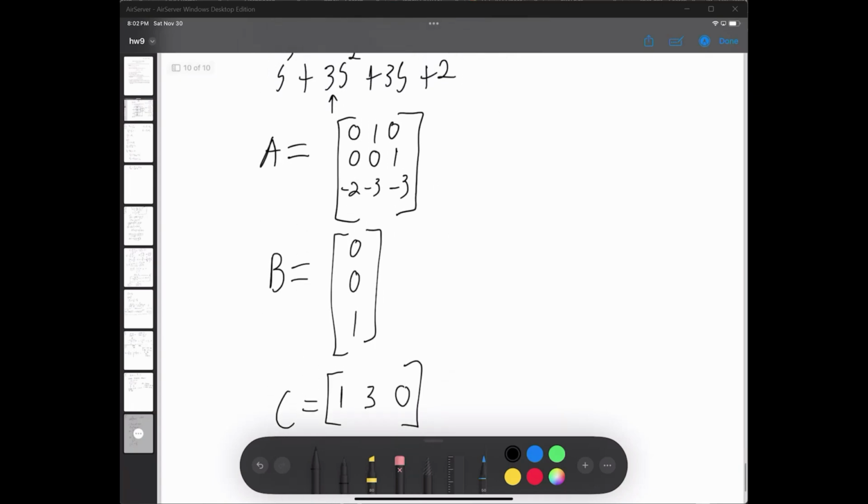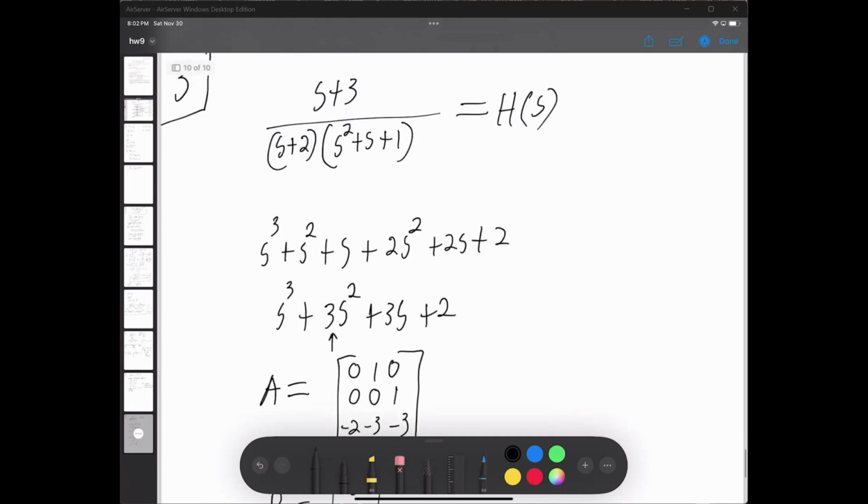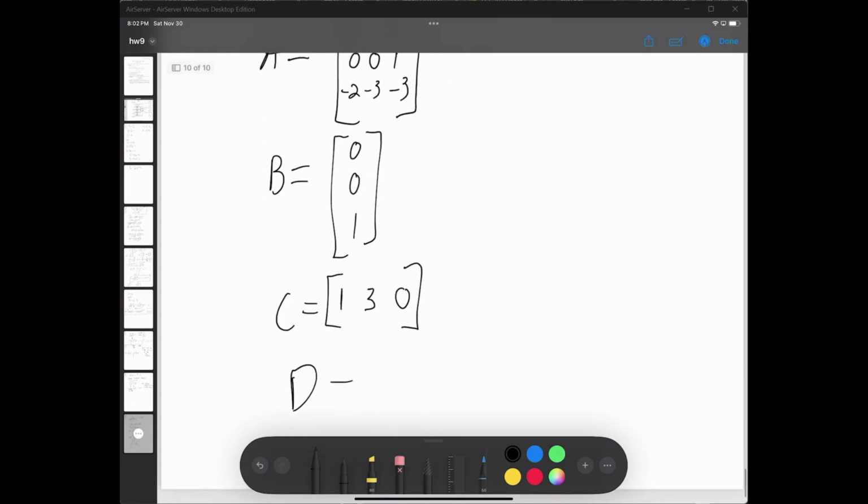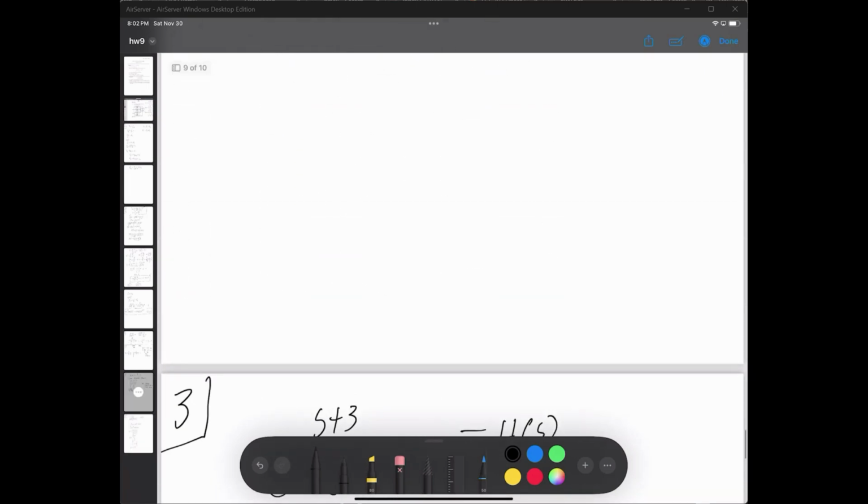And a good way to check is that if we were to multiply A into B and then C, that would result in a scalar, which should be s plus 3, which is good. And D is just going to be 0. D is usually 0. So, that's part 3.